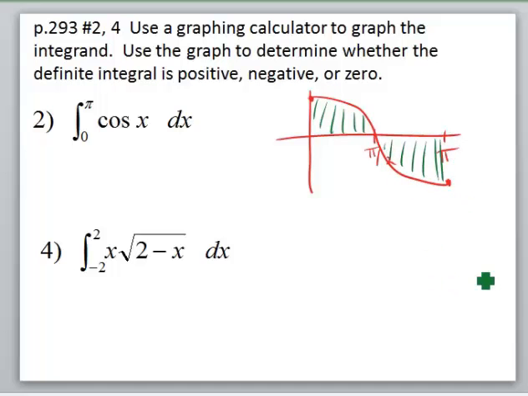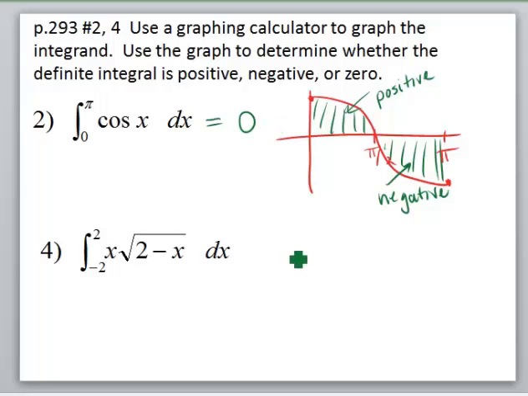Knowing what we know about cosines and sines, we know these two areas to be exactly the same. This one above the axis is positive, and this below the axis is negative. So therefore, since these are the exact same areas, maybe this is 5 and this would be negative 5, and adding those together, we'd end up with a 0 for our area underneath that curve.